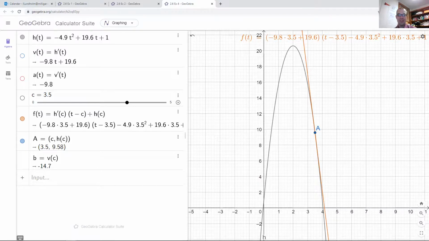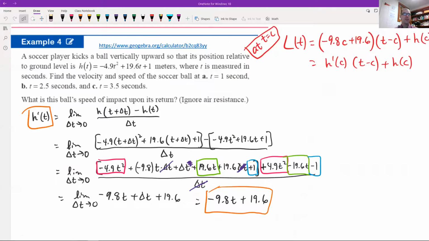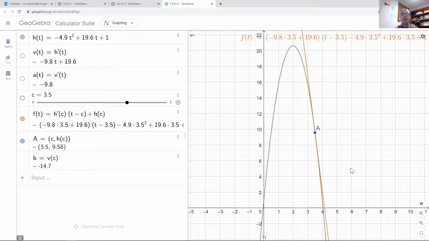Does this one want us to find the speed when it crashes into the ground? Yes. Speed of impact upon return, great. And again, in order to find that value of t, I mean, one way would be to factor the original polynomial, the original quadratic that we're given.